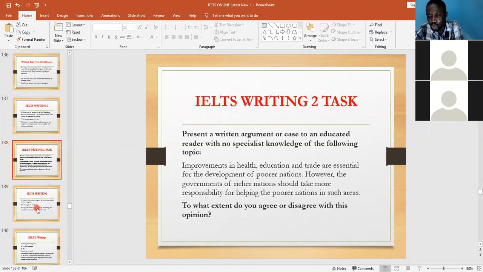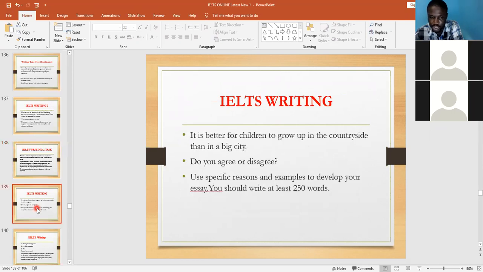But today I want us to rewrite the introduction again and then go into the main body, not necessarily going back to that of last week. This one says it is better for children to grow up in the countryside than in the big city. I want us to go through the process of thinking through this question together.